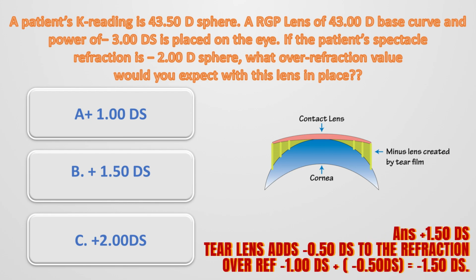The 43 diopter base curve lens on the 43.5 diopter cornea would yield a 0.5 diopter tear lens. So the total power on the eye is -3.5 due to the -3 diopter lens. If the patient's refraction is -2, then we have 1.5 diopter excess power on the eye, yielding an expected plus 1.50 neutralizing over refraction.